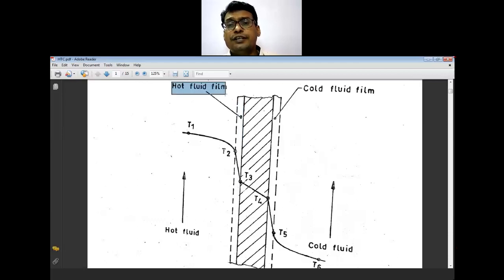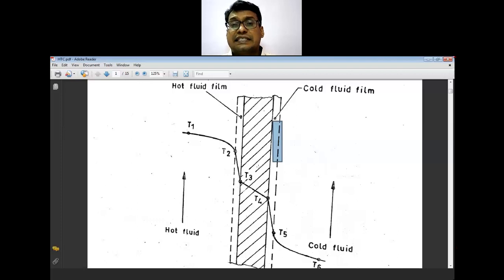The hot fluid forms a stagnant liquid film on one side of this metal plate or metal surface. On the other side, the cold fluid also forms a liquid film, and these liquid films provide the resistance for the heat flow.